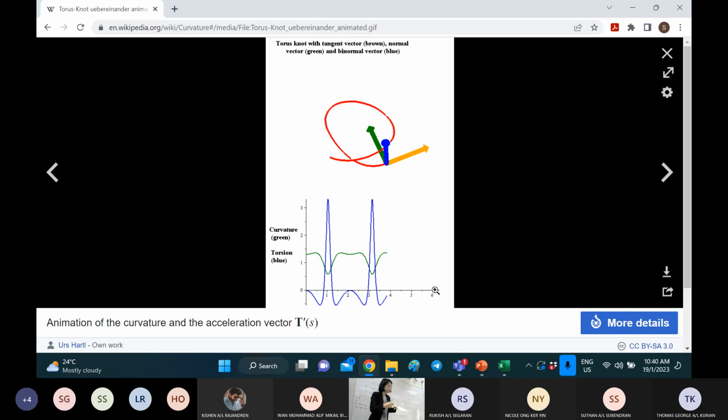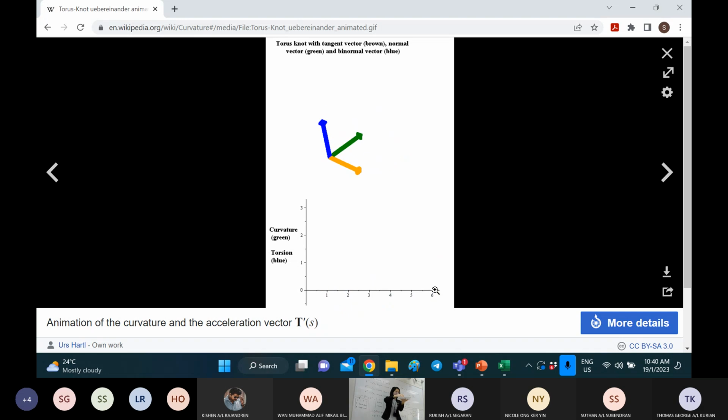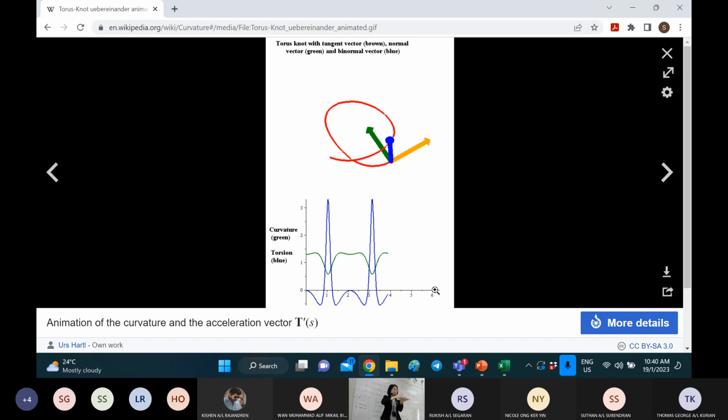So suppose a particle moves in this way, and when this osculating plane suddenly rotates to the right, the torsion spikes. This is positive torsion, this is negative torsion.